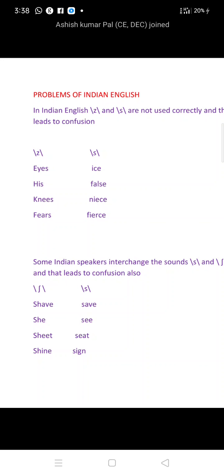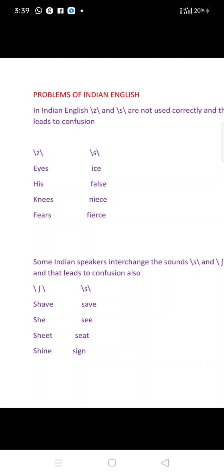Here you can see some words having the z sound, like eyes, his, knees, fears. Now, if you pronounce the word eyes with an s sound, that is the wrong pronunciation, because the sound is z, not s.